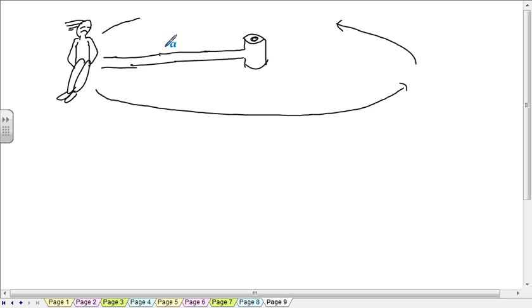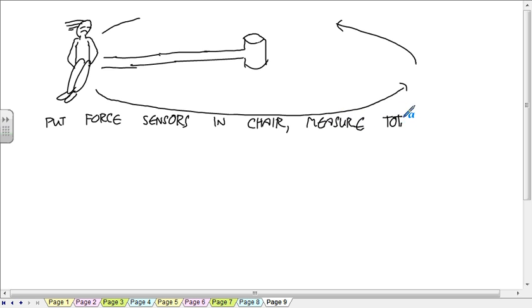So you have a big centripetal acceleration. Let's imagine we could use this to test out Newton's second law, right? Put 4 sensors in the chair, load cells or whatever, and you can use that to measure the total force on the person.